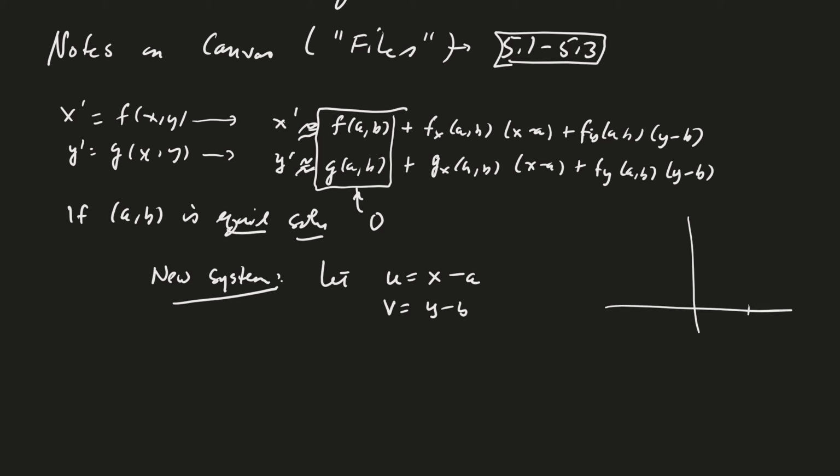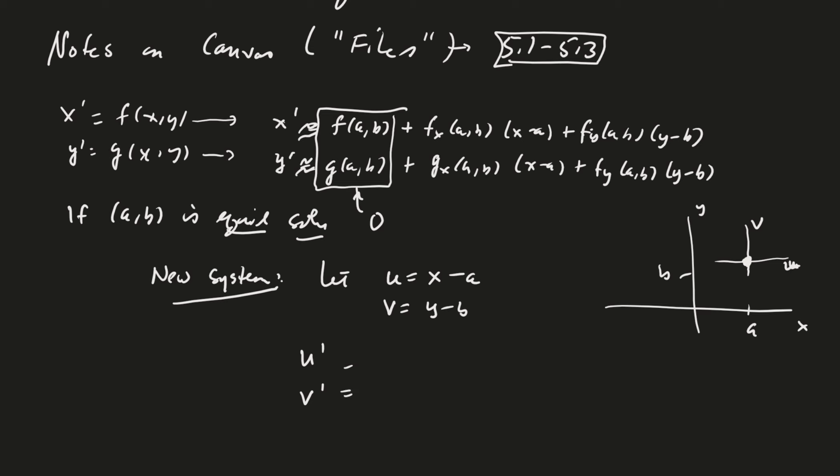And so what we're doing here is we're moving from the x, y coordinate system to the a, b coordinate system. So this is u and v. And if I write down the differential equations for u and v, u prime is just going to be x prime, v prime is y prime.